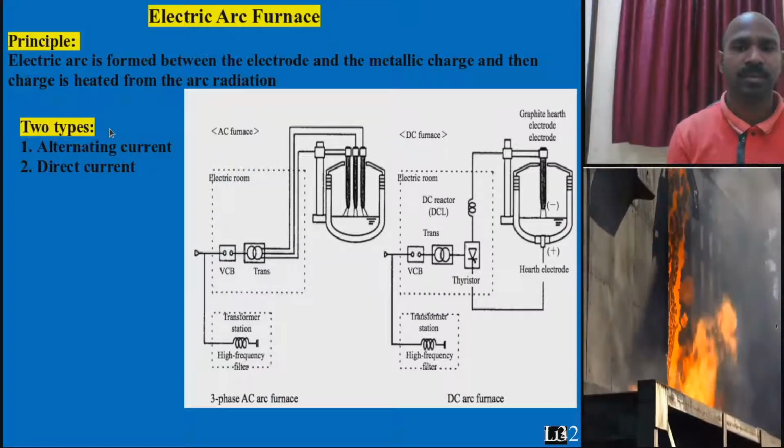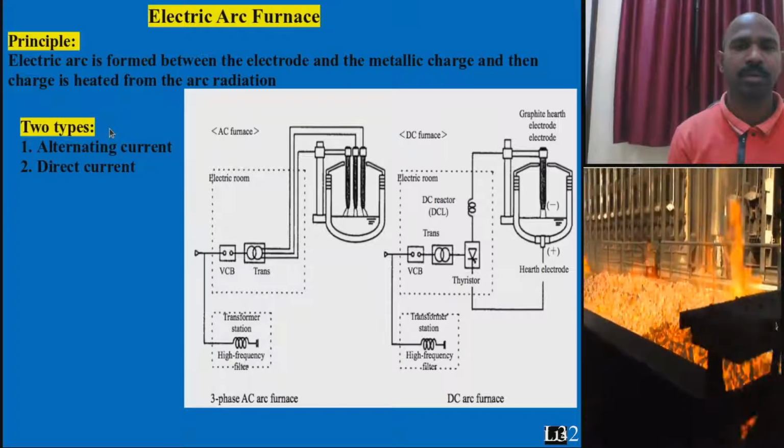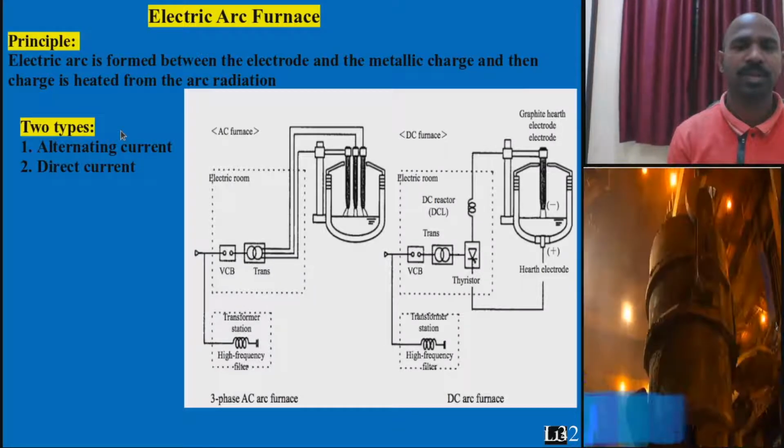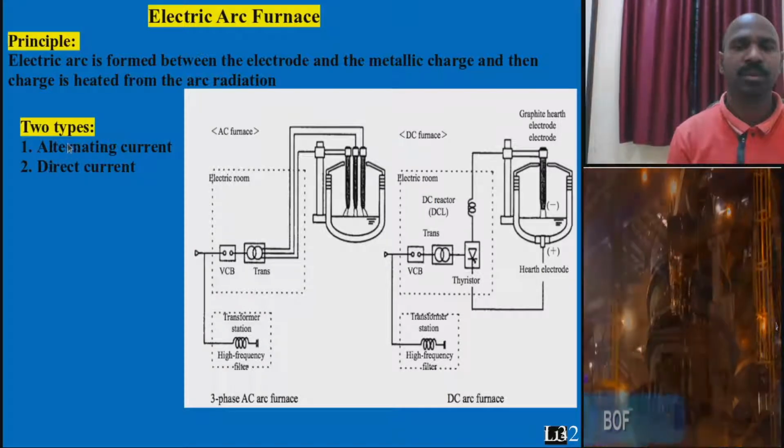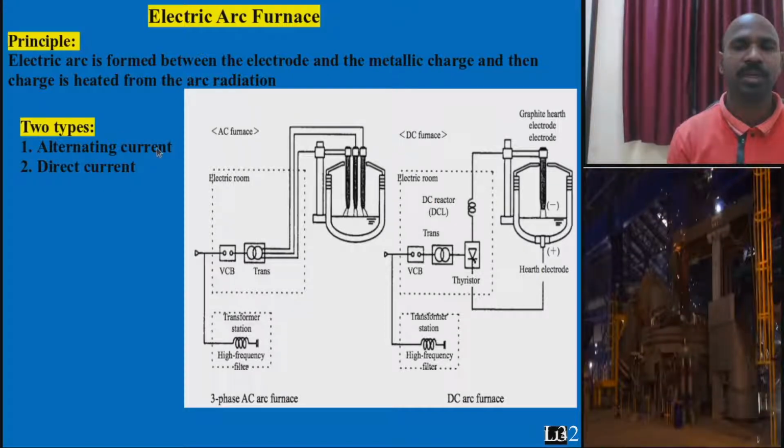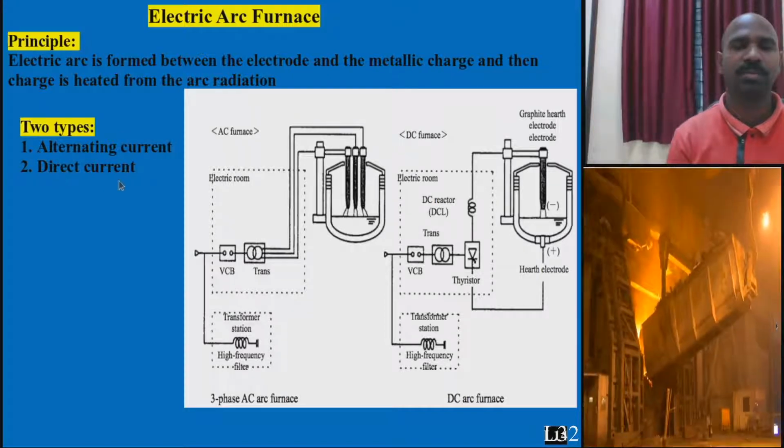There are two principles involved in this electric arc furnace route: one is alternating current based and the other is direct current based.